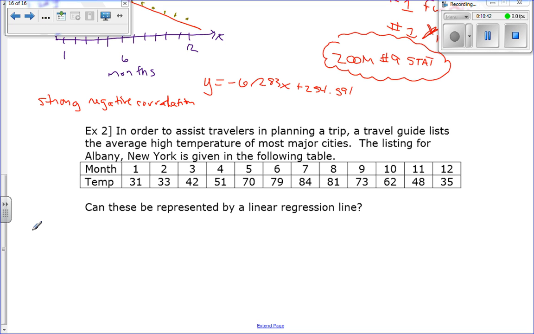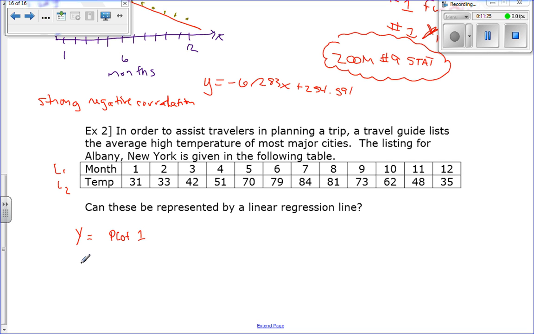For number 2, in order to assist travelers in planning a trip, a travel guide lists the average high temperatures of most major cities. The listing for Albany, New York is given in the following table. We have 1 through 12. And it says, can these be represented by linear regression? Well, the only thing we can do is put this into L1 and L2. And after you do that, you want to hit Y= on your calculator, and you want to make sure your stat plot is on.